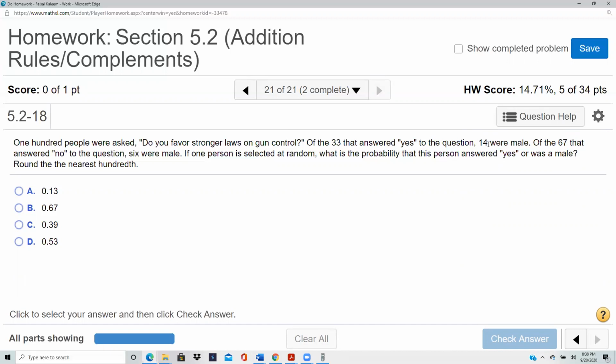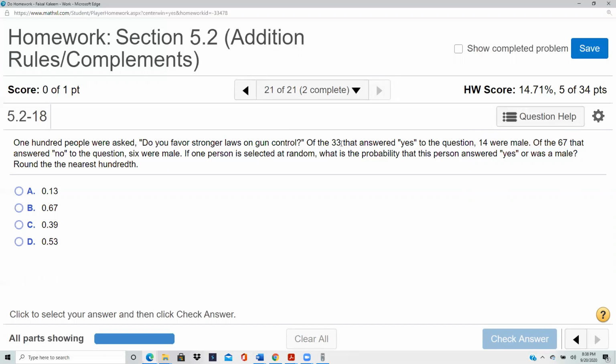So the total male is 14 here and 6 here, so 20 males, but 14 of them were already included here. In the 33 who answered yes, 14 of the males were already included. So there are 6 more males besides these 33.